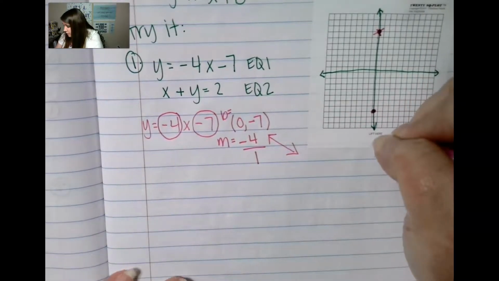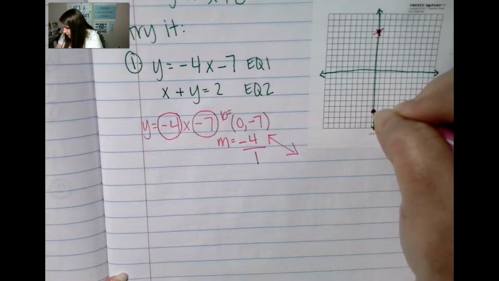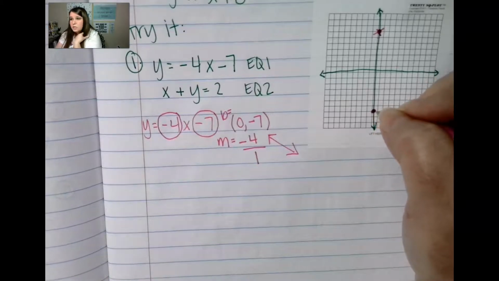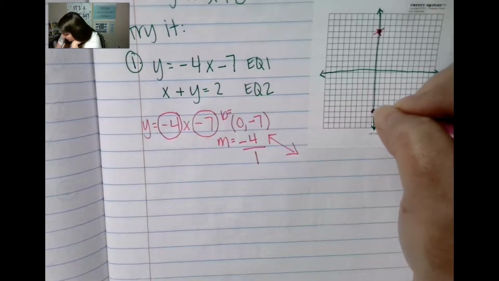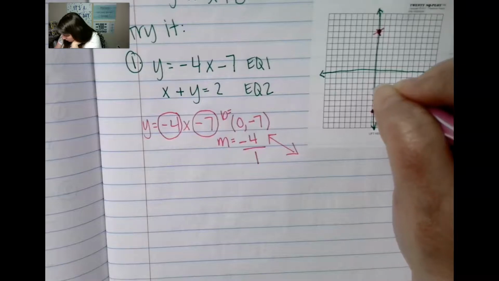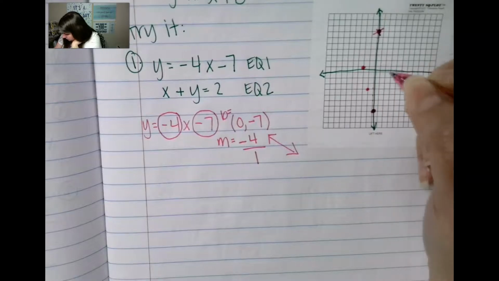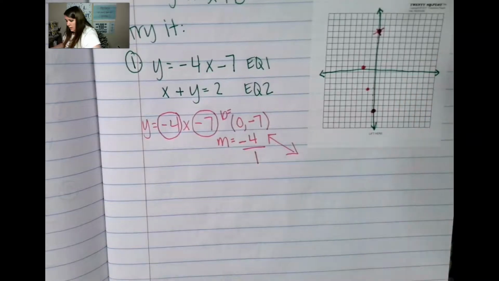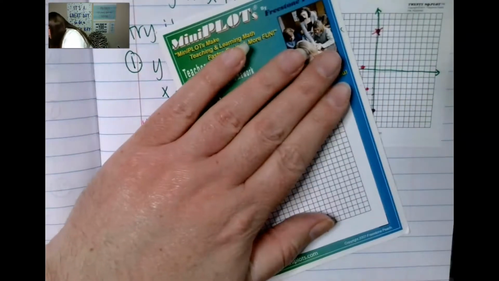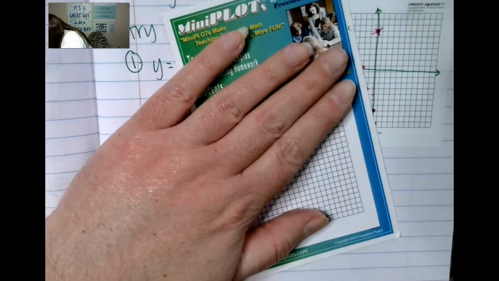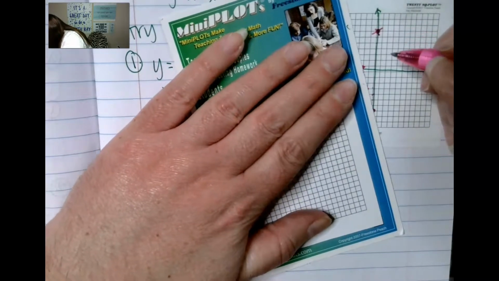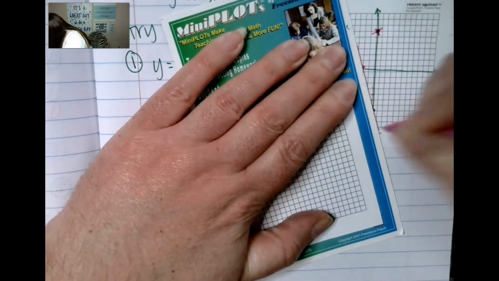I don't have 4 spots going downwards, so I'm going to go up and over that direction to the left. On the negative side, up 1, 2, 3, 4 over 1. There we go. And now I can graph this.